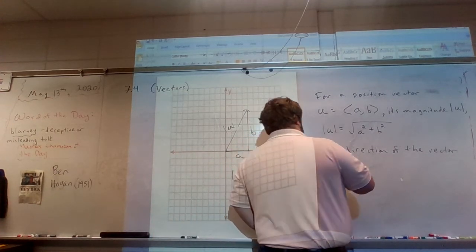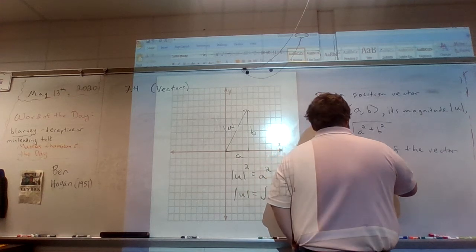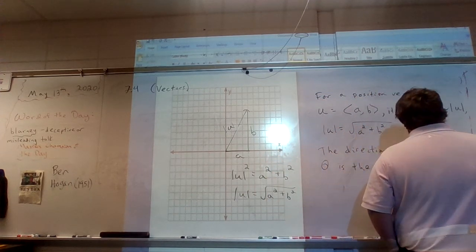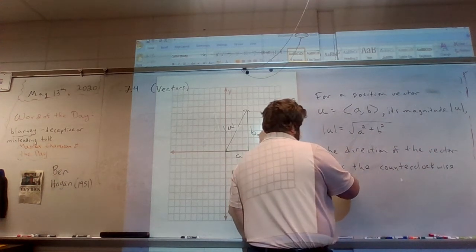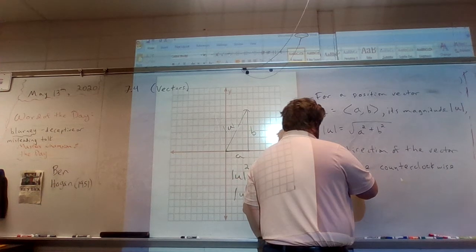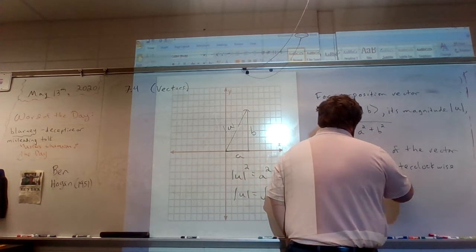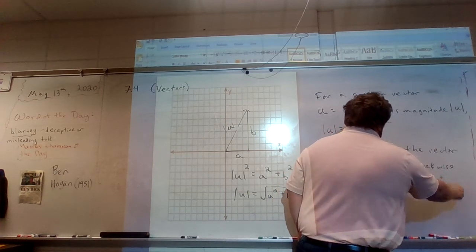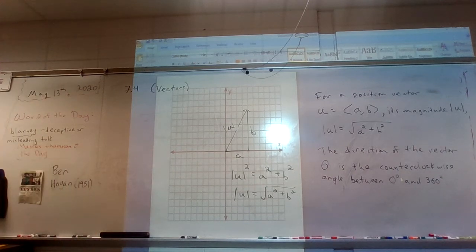So the direction of the vector theta is the angle, I should say counterclockwise for positive, is a counterclockwise angle between 0 degrees and 360 degrees. Kind of defined in the same way that we did at the very beginning of the course.